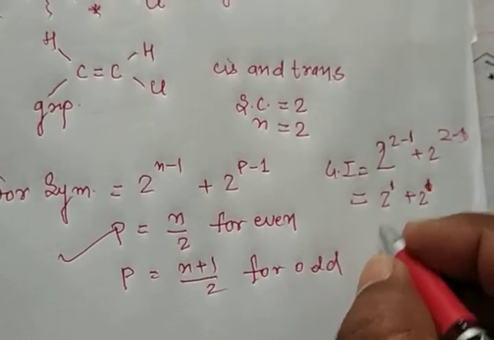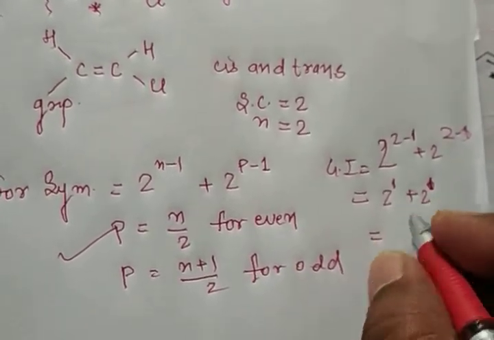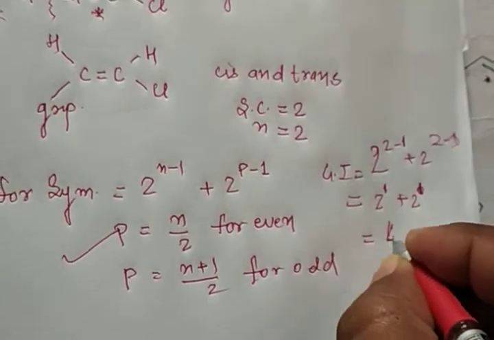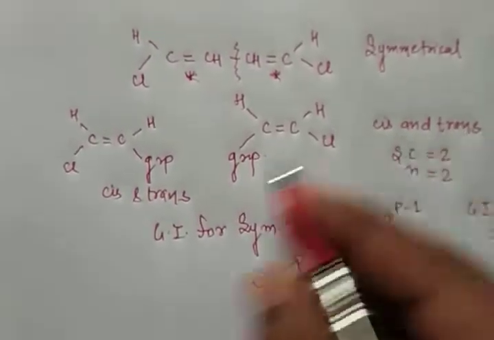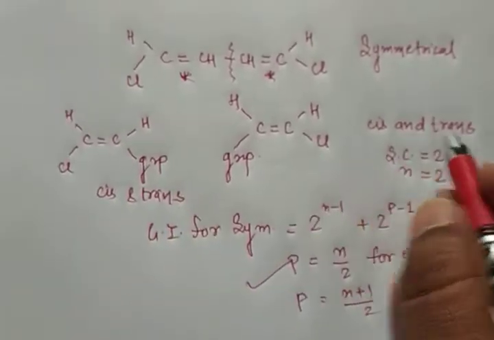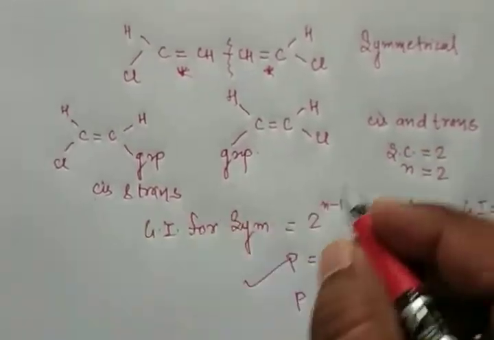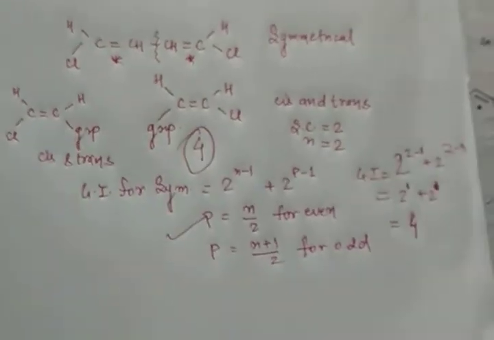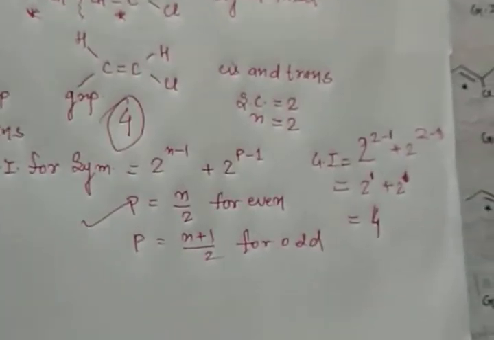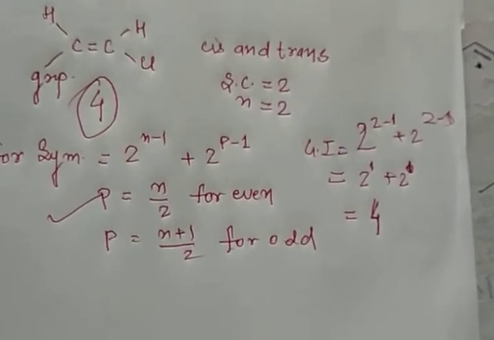So 2 to the power 1 is 4. Clear? Now just check. This compound showed cis and trans. This compound showed cis and trans. So cis and trans twice. It means 4 geometrical isomers. Clear? 100% clear? Okay, clear, students?